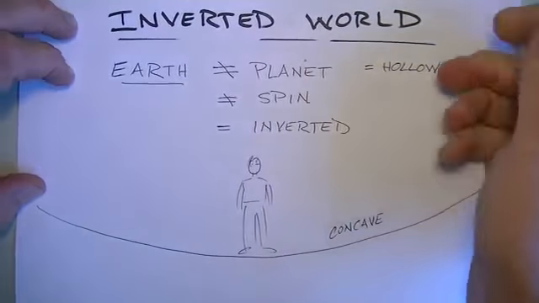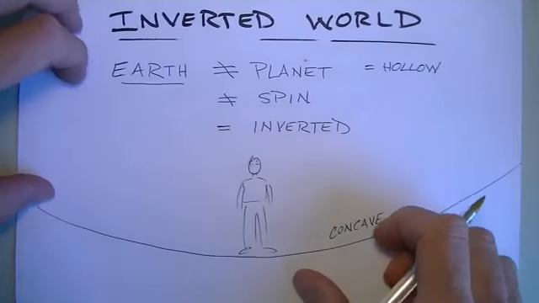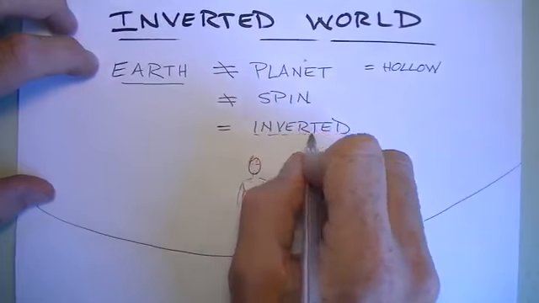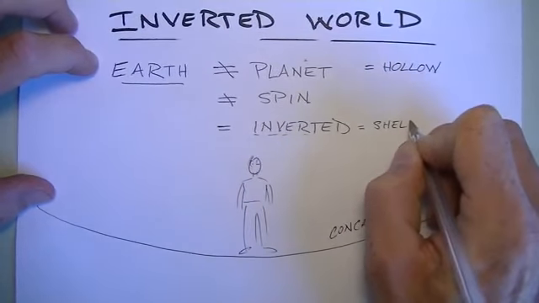However, it's not hollow in the way in which the more popular version of the hollow Earth theory is. Earth is a shell. It's just a shell. Okay? It's not solid.